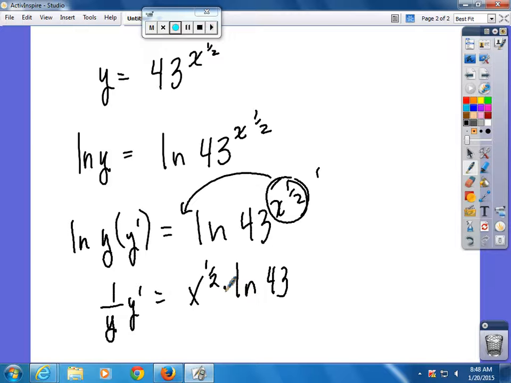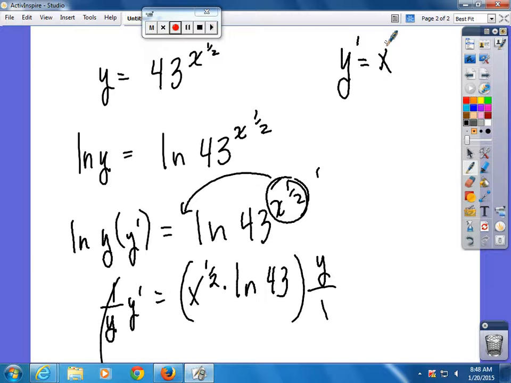And we get 1 over y, we're going to multiply this side by what? Y over 1. And y prime is going to be equal to, what does this come out to be? It's going to be x to the negative 1/2. Y'all help me out. Natural log, let me start over.